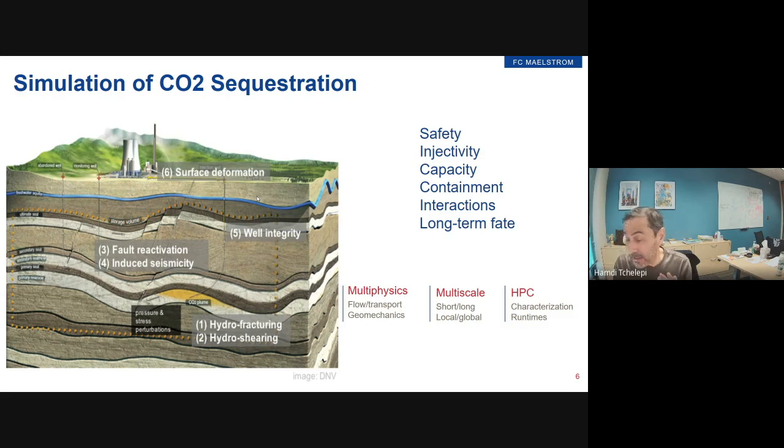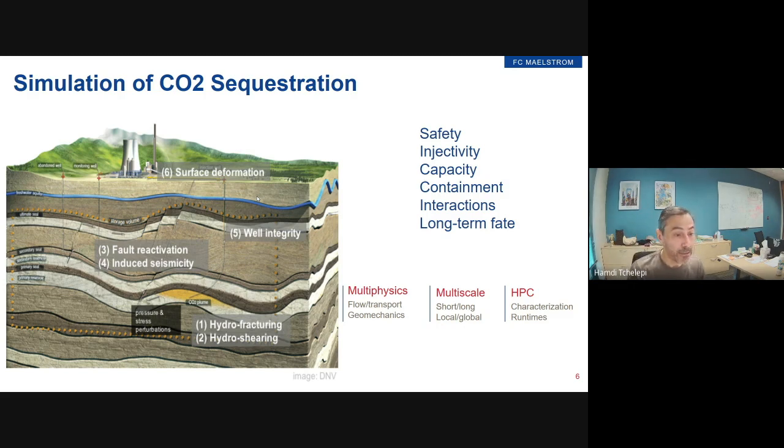So the idea here is to pair up large point sources, whether they are steel making factories, concrete making factories, power plants that burn hydrocarbons, but you take the flue gases and to prevent them from being emitted into the atmosphere, capture the CO2 with high enough concentration, compress it, and inject it into the subsurface, hopefully never to be seen again. But we'll talk about that.